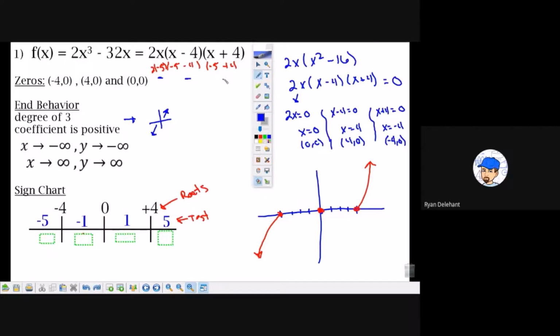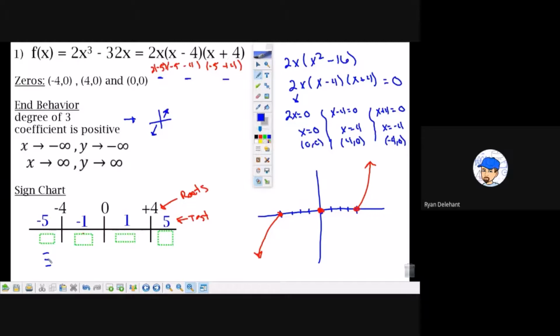Thank you for keeping me honest. Negative times a negative times a negative. So we're going to get a negative times a negative times a negative. And the rule that we looked at here, anytime you get an odd number of negative signs, your overall is going to be negative.